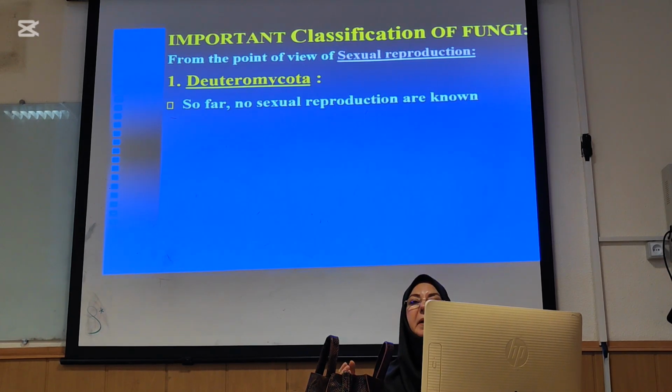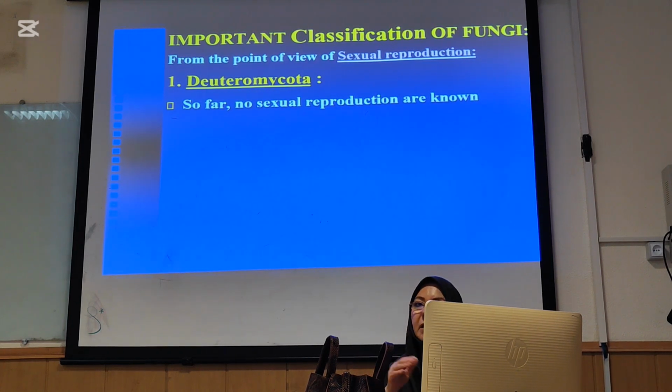Deuteromycota is named imperfecti fungi because reproduction is done only through asexual reproduction, and so far you cannot see any sexual reproduction among this group.